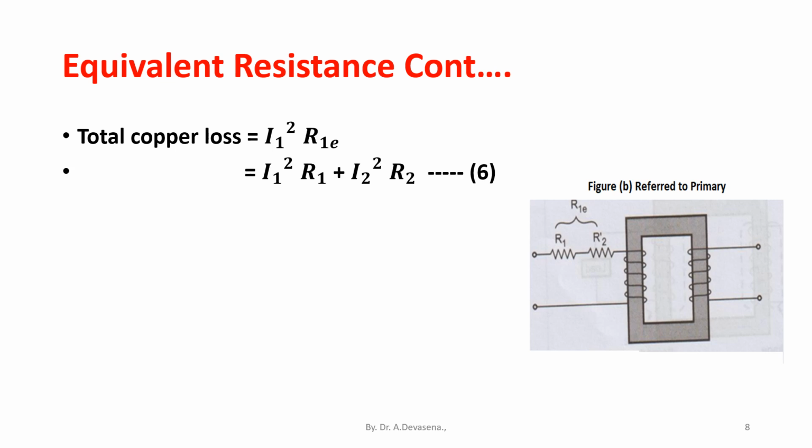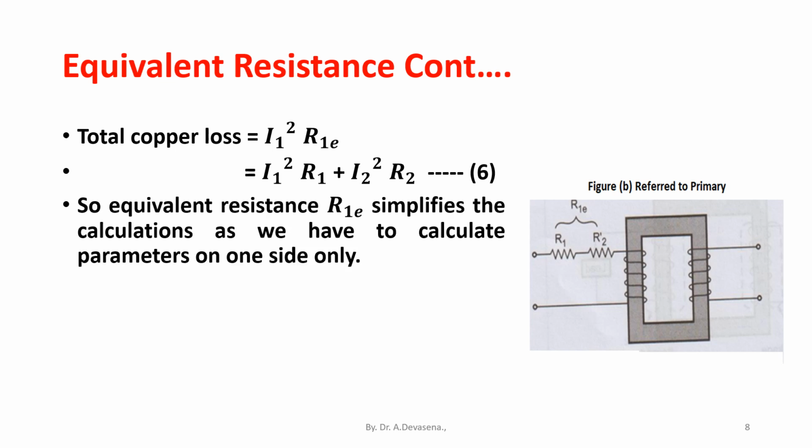So equivalent resistance R1E simplifies the calculations as we have to calculate parameters on one side only. Here is the representation of the equivalent resistance referred to primary. That is, R1E is the sum of R1 plus R2 dash. It is represented in the diagram.